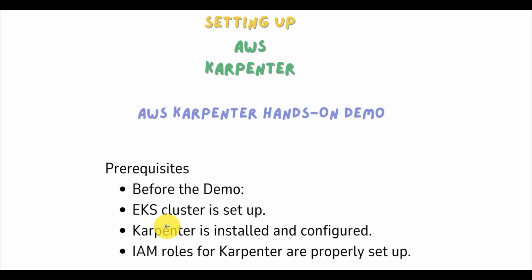When you're doing the actual creation of your cluster and deploying Karpenter, you should use either Terraform or CloudFormation, whatever automation you're using in your project. All right, so let's go to the editor.